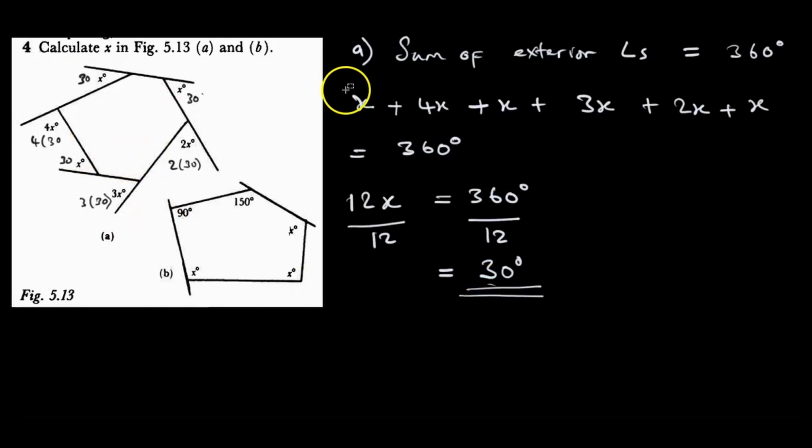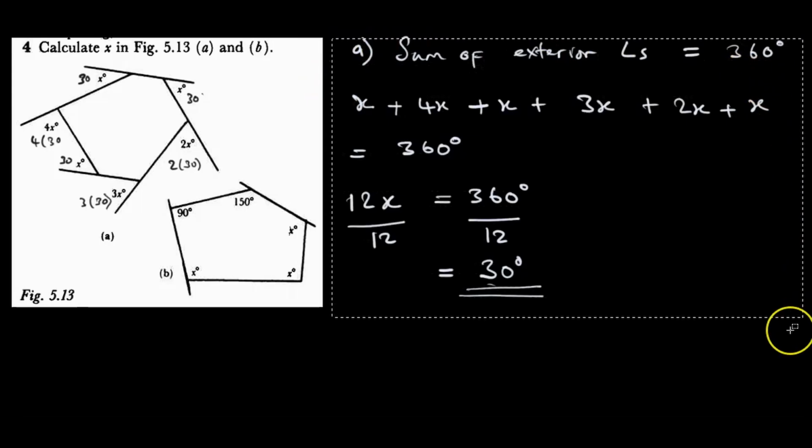Allow me to clear this space so that we can do B. So how will we do B? We want to use method 1, which is the interior angle method.